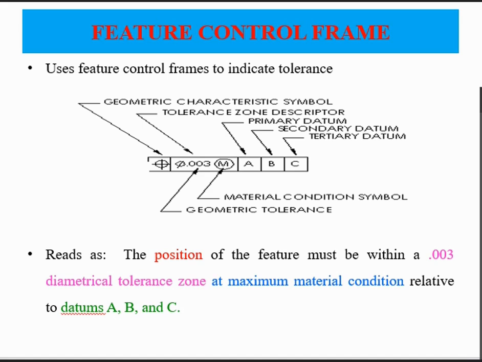See how to read out this particular frame. The explanation here is the position of the feature. The feature must be within 0.03 diametrical tolerance, second frame, at maximum material condition relative to datums A, B, C. If you want to define the position of a hole with the diametral tolerance of 0.003, it should be defined with respect to three references A, B, C. The references are three because you have the XY plane, XZ plane, and YZ plane.